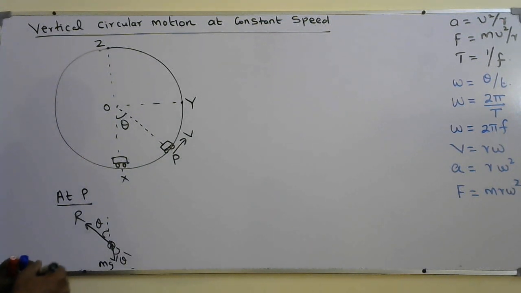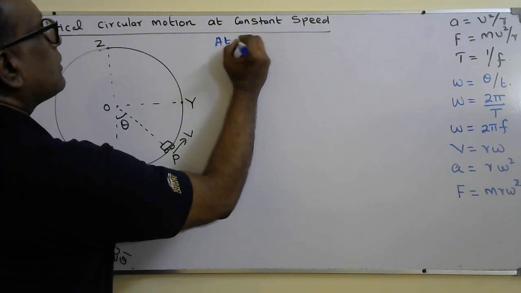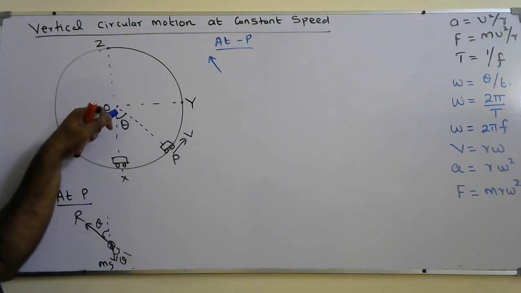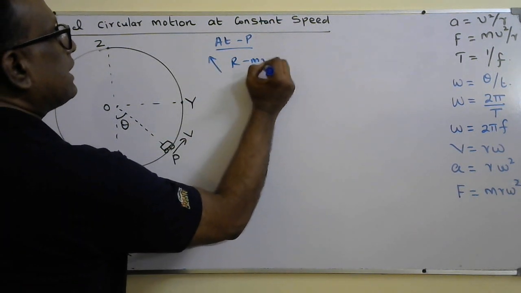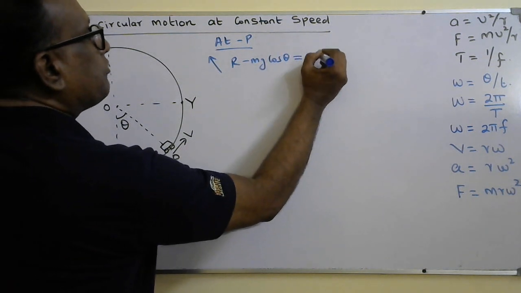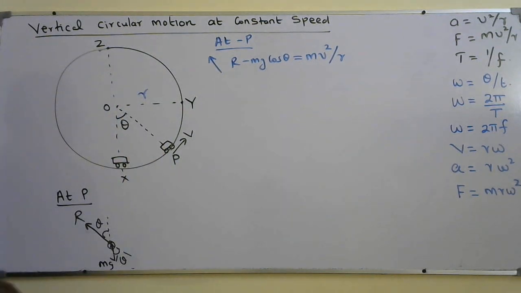So the centripetal force towards the center O at P is R minus mg cos theta equal to mv squared over r, where r is the radius of the circular path.